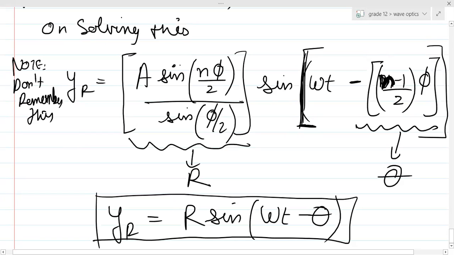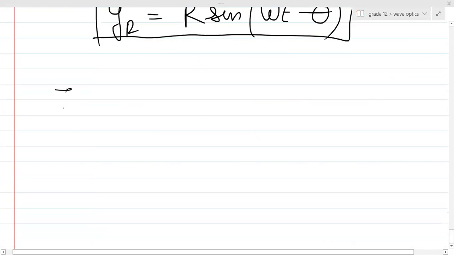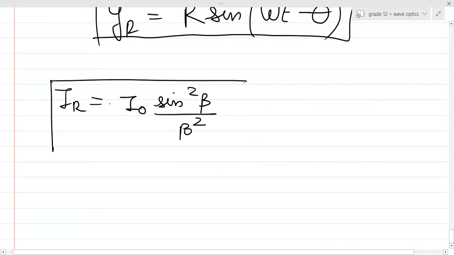And if you try to find the intensity over here, applying the intensity formula, it becomes equal to I naught into sine square beta upon beta square. I'm just writing the formula. If you want, you can remember this, no problem.